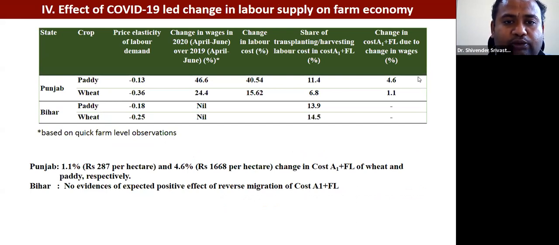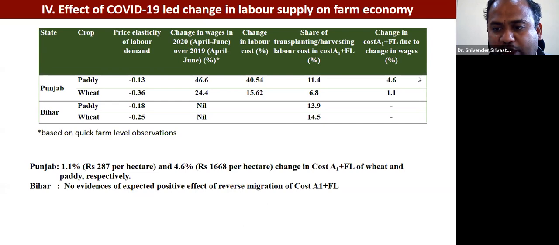So the last part is: what was the impact of the lockdown during COVID on the labor supply? I did just a quick analysis. We took two states. One is Punjab, which is a labor-scarce state, where the farmers depend on contractual labor that comes from Bihar, Assam or West Bengal during paddy harvesting and wheat sowing.